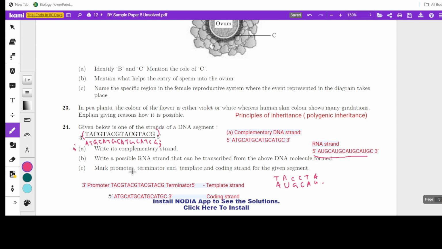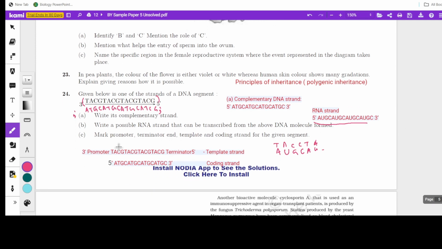Now mark promoter, terminator end, template and coding strand with the given statement. The promoter end will be towards this side and the terminator end will be towards this side. You have to mark the promoter and the terminator end on the template strand. Imagine this is a DNA double strand. This will act as the template and this will act as the coding strand. We call it the coding strand because the coded RNA will be similar to this, to the complementary one.